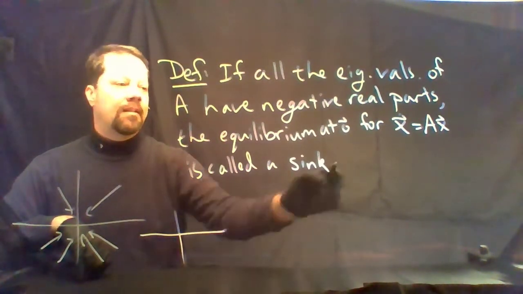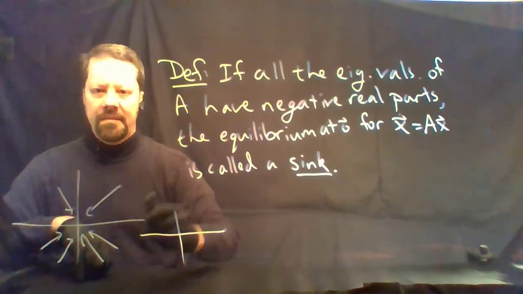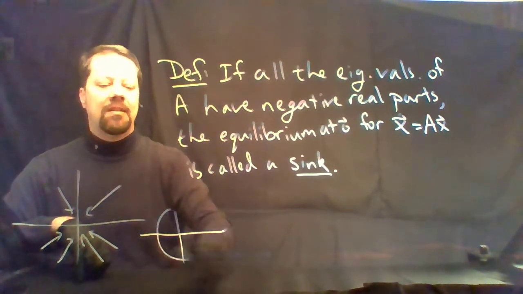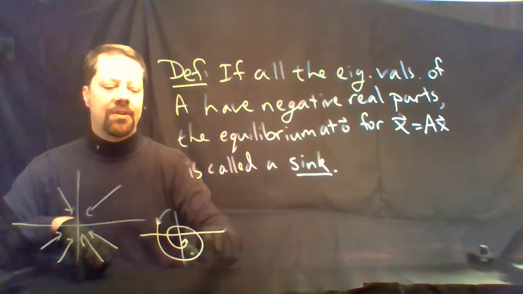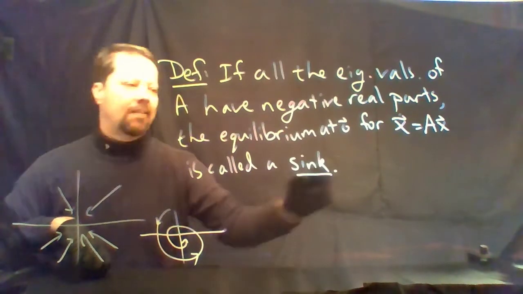However, if they arise from complex eigenvalues with negative real parts, then they spiral in towards the origin. And this will be called a spiral sink.